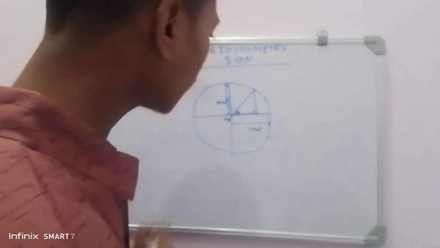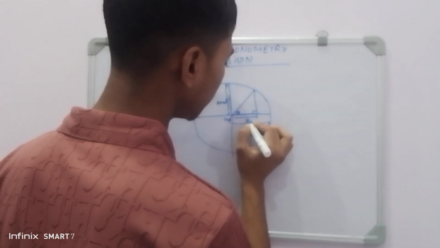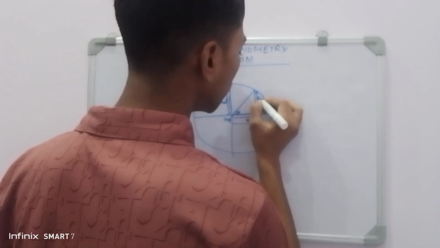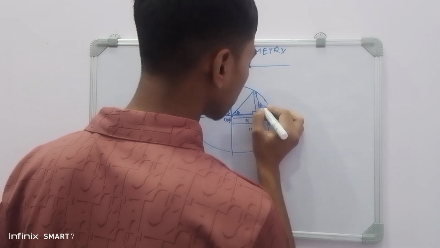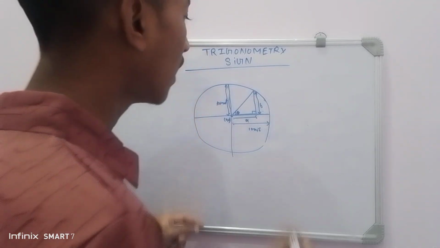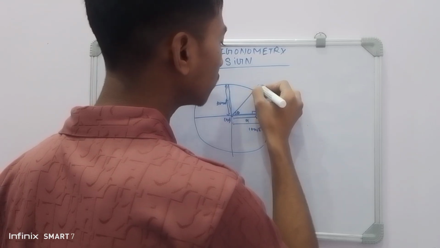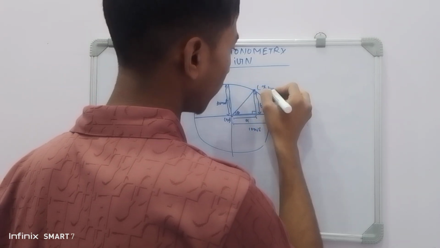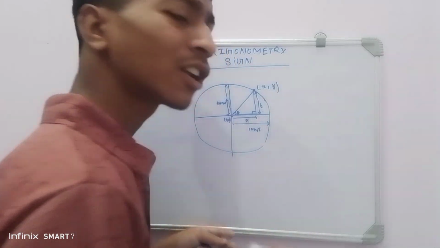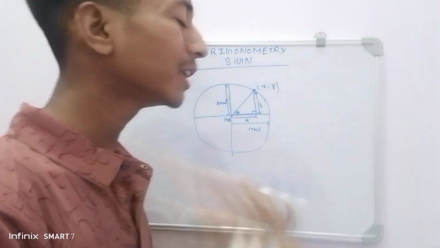So if I tell you the length of this one is A and the length of this one is B, and I ask you the coordinate of this point, the coordinate is going to be x, y. As you know, the coordinate of any point on a coordinate system is x, y.